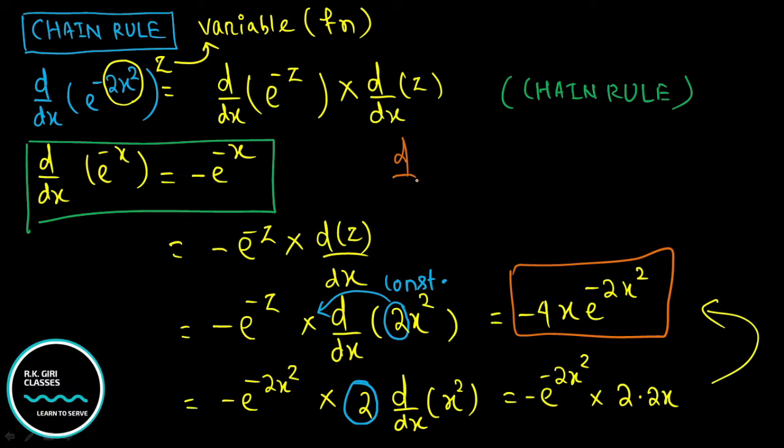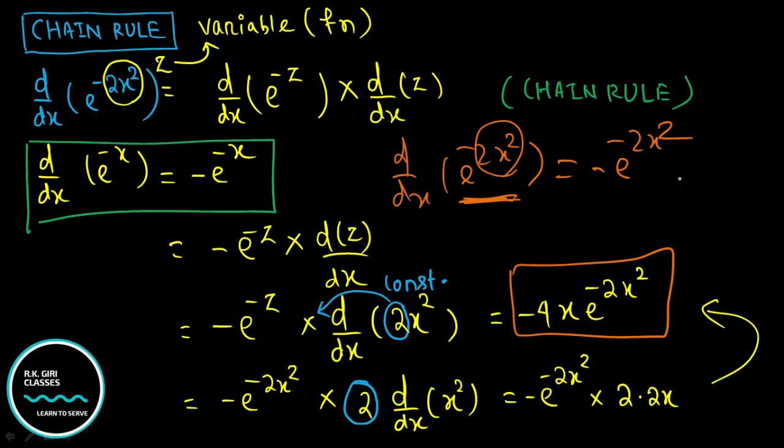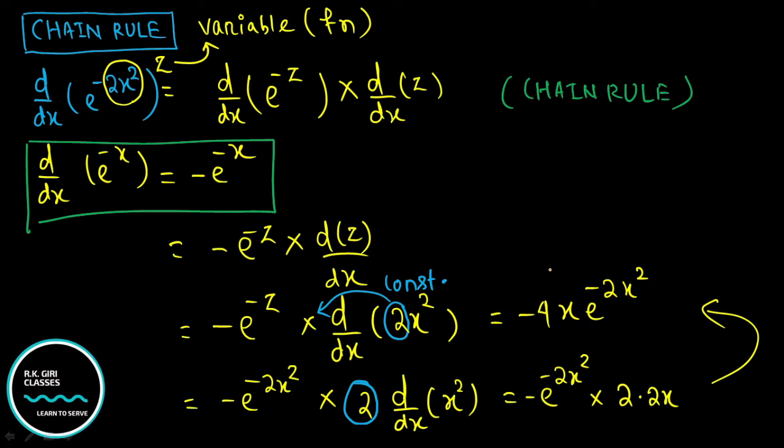Okay, when you practice more, you will easily evaluate your answer: that is minus of e to the power minus 2x square, and the derivative of 2x square will be 4x. So that is minus 4x e to the power minus 2x square. Okay, try to approach this method, don't go by this method. After that we will have a shortcut method.